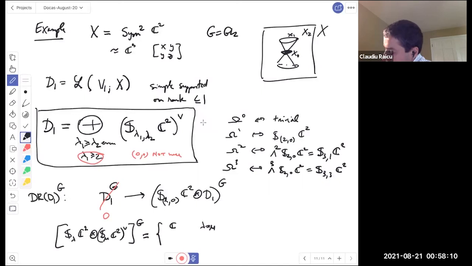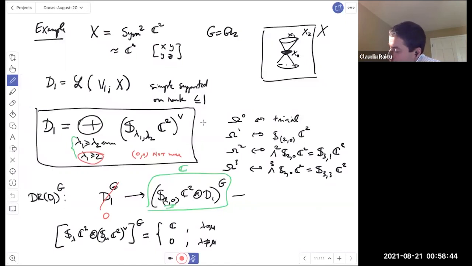So then the G-invariant space is one dimensional, just given by the unique isomorphism between S lambda and S mu, up to scaling, and otherwise it's 0. So basically, if you're asking whether there are invariants in here, you're asking whether (2,0) appears among these pairs. And it does, because lambda 1 equals 2 is even, and lambda 2 equals 0 satisfy this inequality. So this space is actually one dimensional.